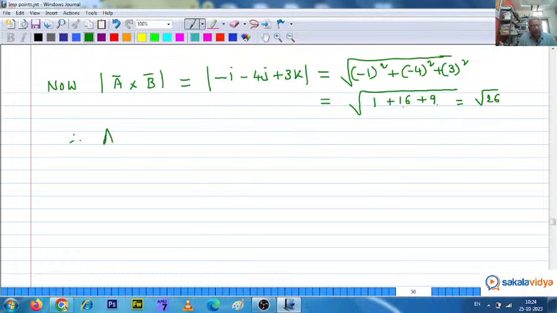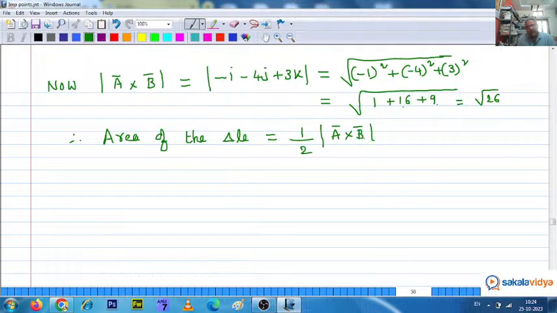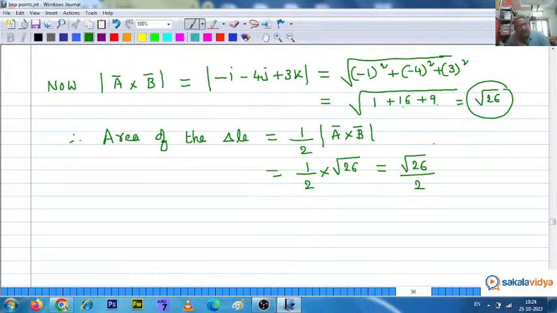Now therefore the area of the triangle is equal to half of the modulus of A cross B, clear? So that means half times, with the modulus of A cross B replaced by root 26. This is equal to root 26 divided by 2. The area is measured in square units. So that means you can write square units. This is the answer.